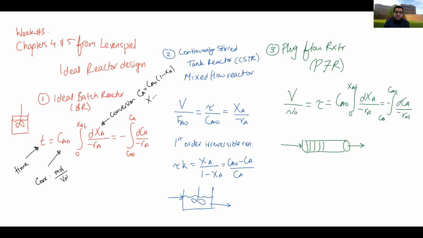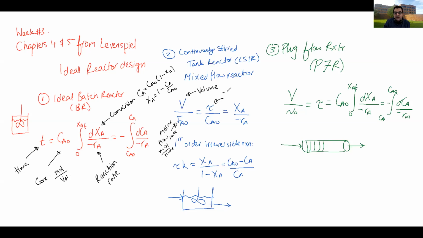Alternatively, you can say that XA is equal to 1 minus CA over CA0. This is your reaction rate, and depending on the order of the reaction, the units will change. V here is the volume of the reactor. FA0 is your molar flow rate, and this is in mole per time.